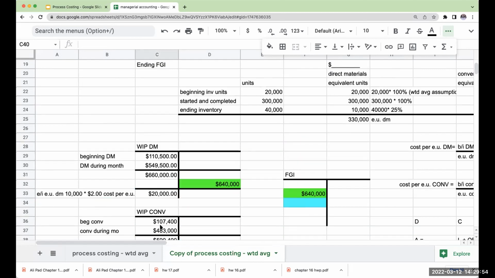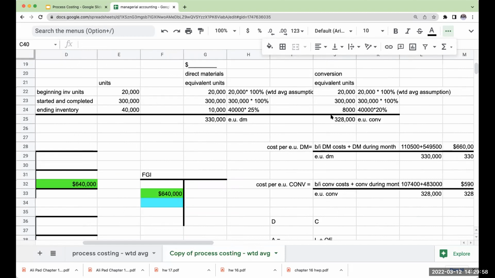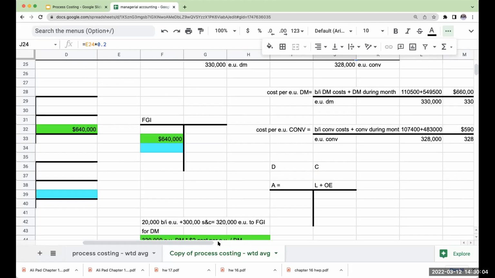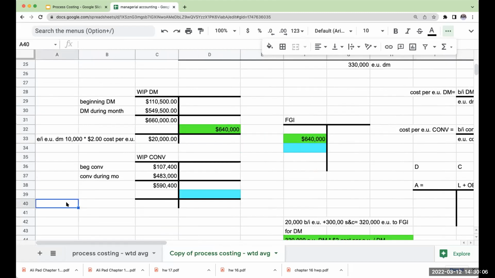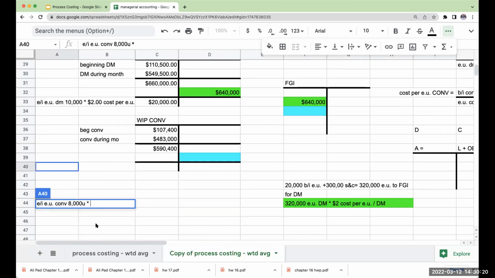So let's do this the other way this time with respect to conversion. For conversion, I had 8,000 equivalent units in my ending inventory. If I multiply this by my cost per equivalent unit for conversion of $1.80, what am I going to get?